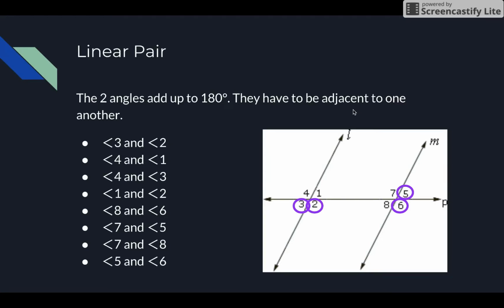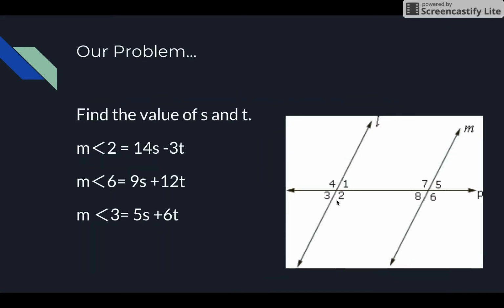There are some examples circled in purple: 6 and 5 are adjacent to each other, so they add up to 180 degrees. Angle 3 and angle 2, adjacent to each other, add up to 180 degrees. So on and on: 4 and 3, 4 and 1, 1 and 2, 2 and 3, 7 and 8, 7 and 5, 5 and 6, 6 and 8, and so on.